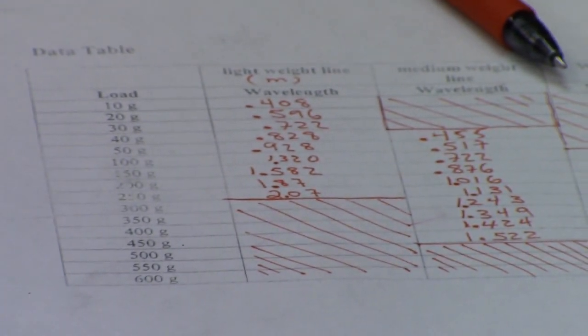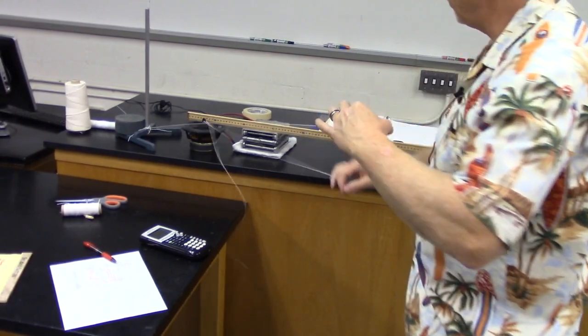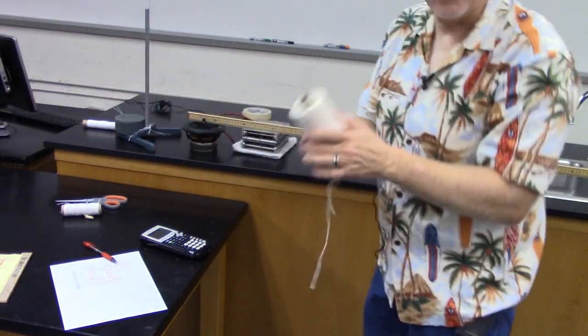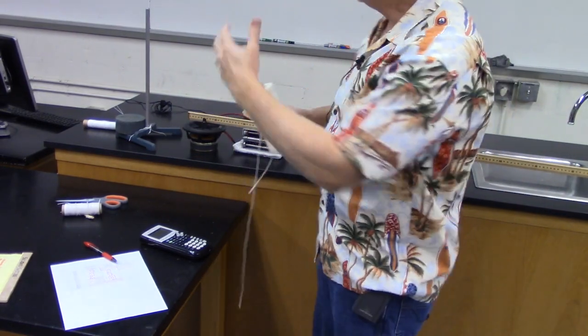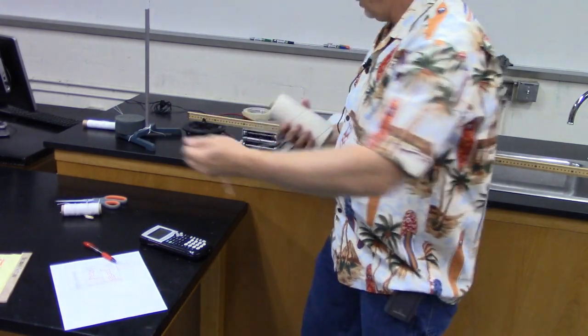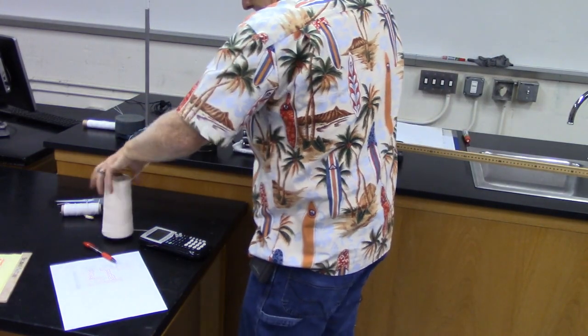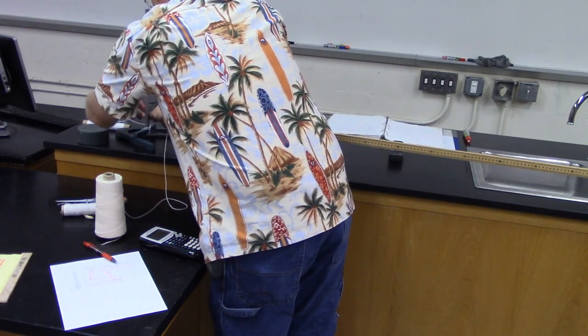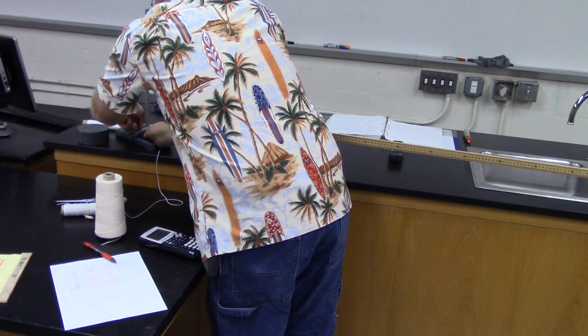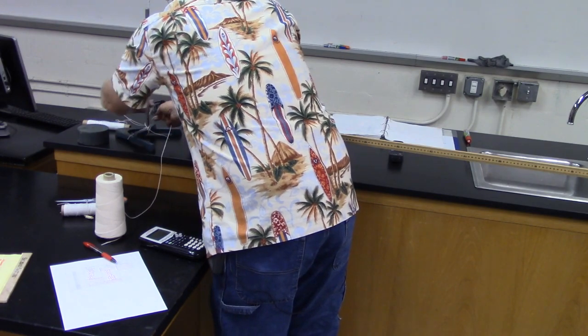Let me disconnect the medium string and go to the last one, which is this white cord, and then give you an idea of what we talked about at the beginning, where the mass density would change. Okay, so let me tie this on here.